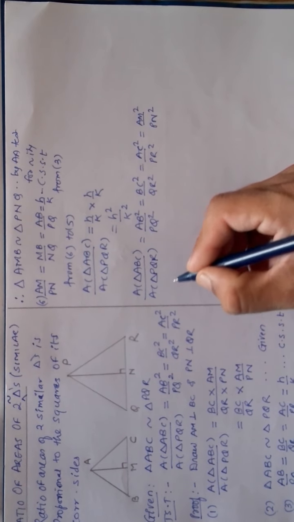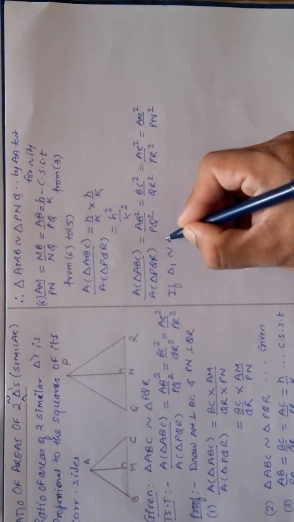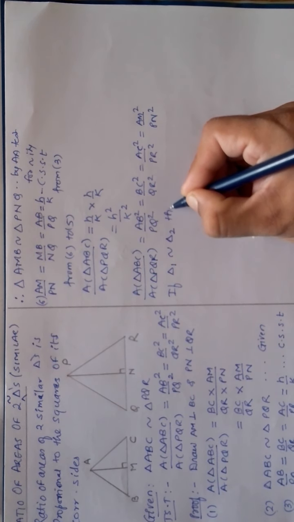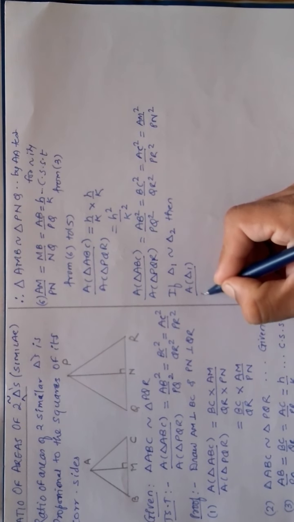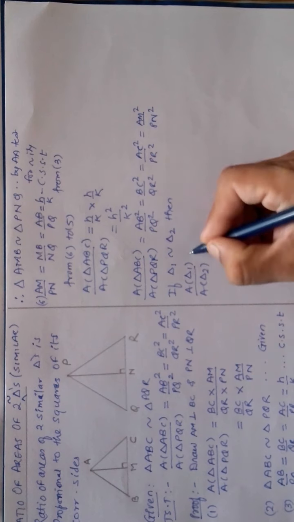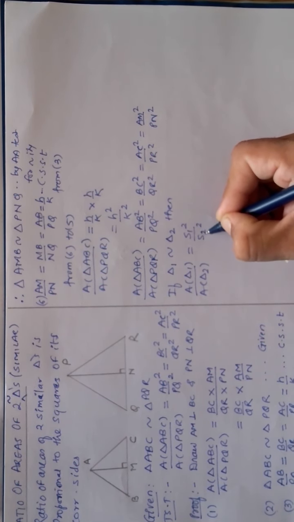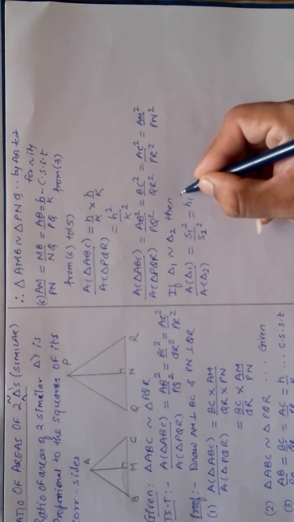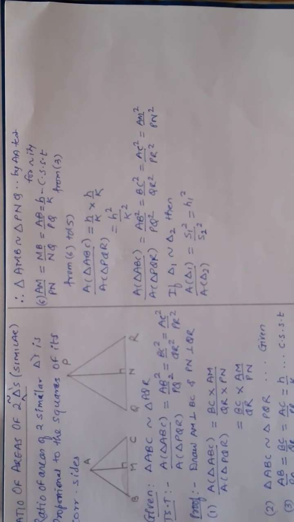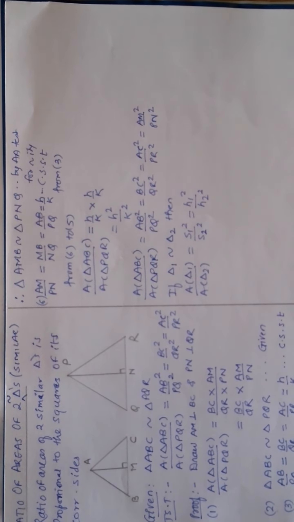So I will better say here that if triangle 1 is similar to triangle 2, then area of triangle 1 is to area of triangle 2 is S1 square is to S2 square. This stands for side 1 and side 2, which are the proportional sides, is also equal to H1 square, which indicates the height of triangle 1, is to H2 square, the height of triangle 2.